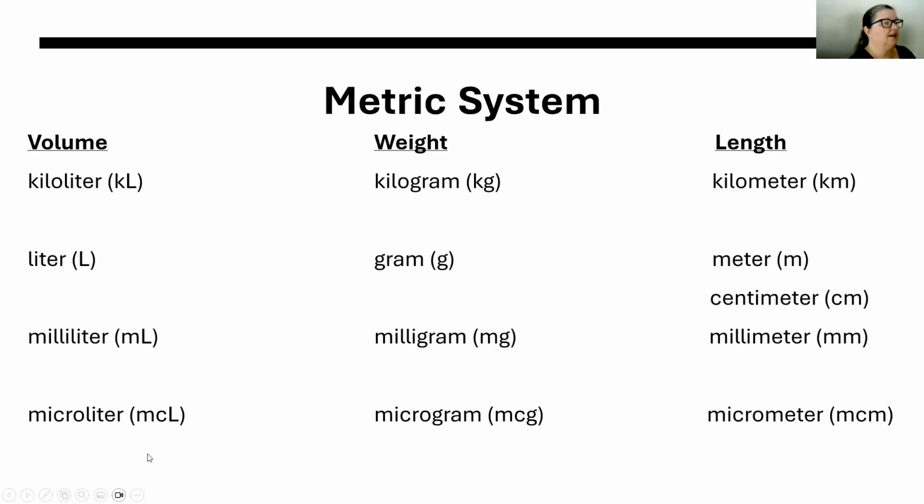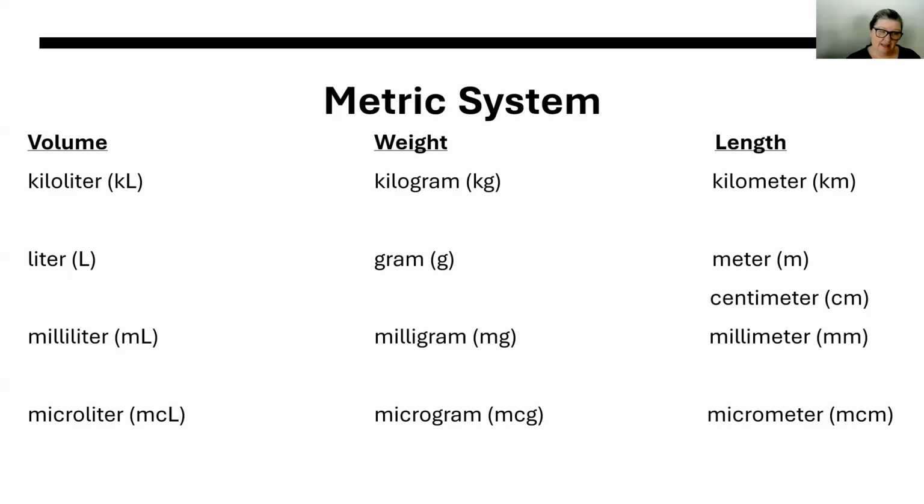All right, so moving on, the metric system. Okay, so let's talk metric. The metric system is a system of units, so a system of measurement that is used in pretty much every single part of the world except the US.